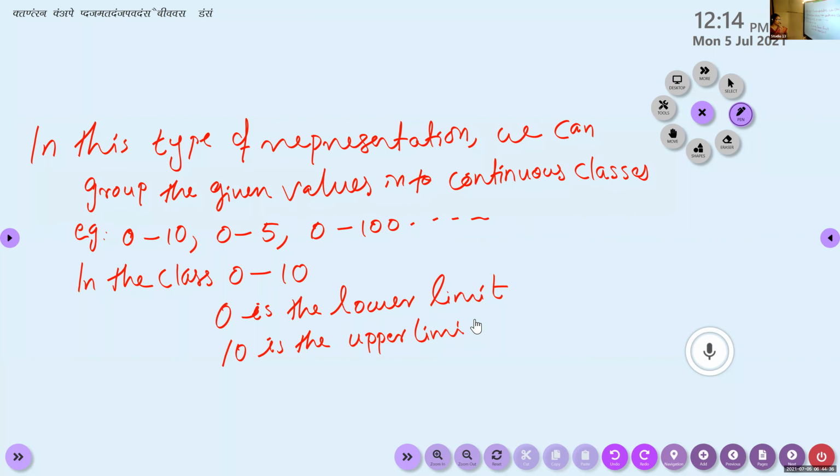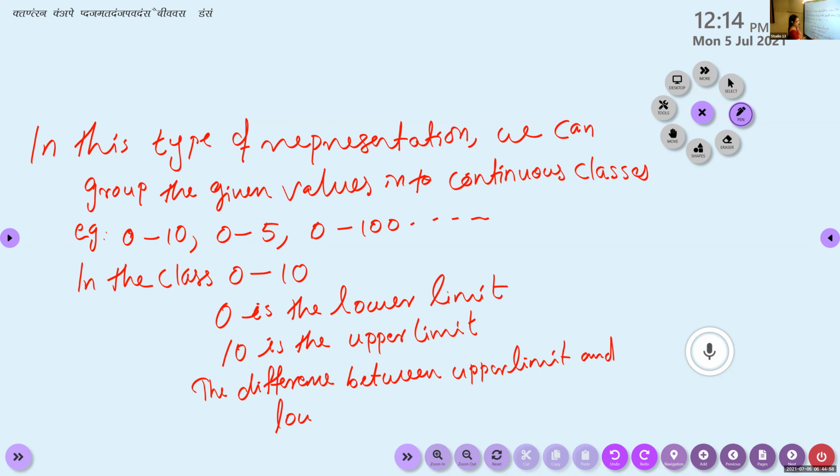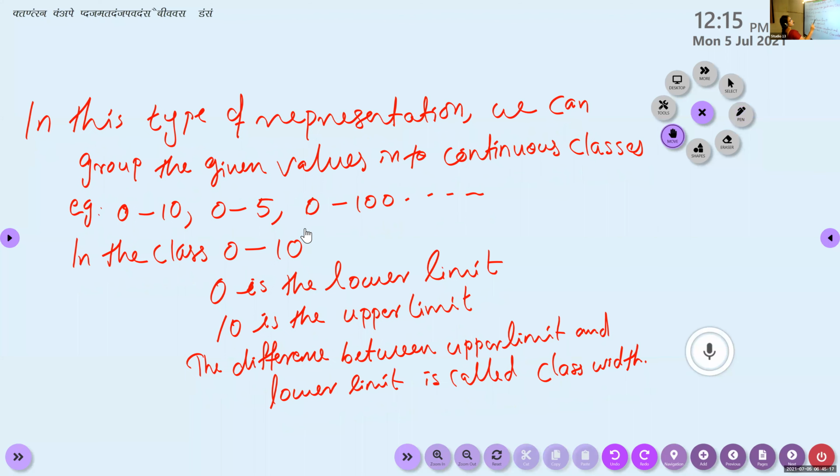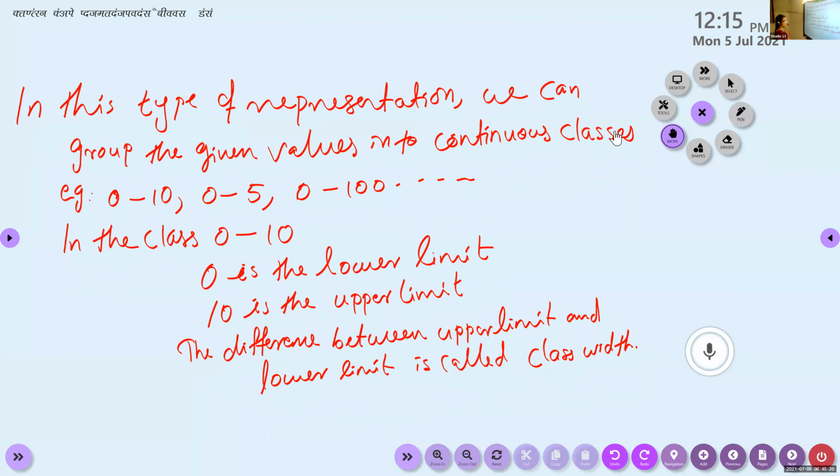The difference between the upper limit and the lower limit is called class width.